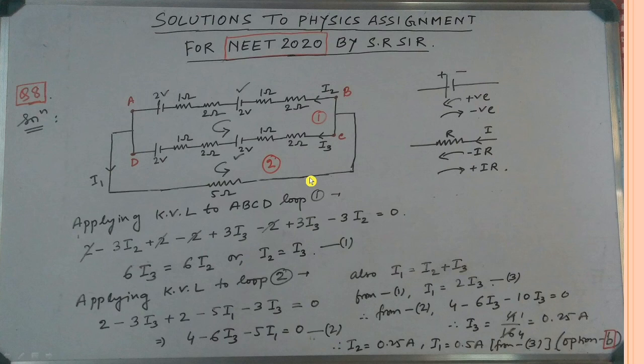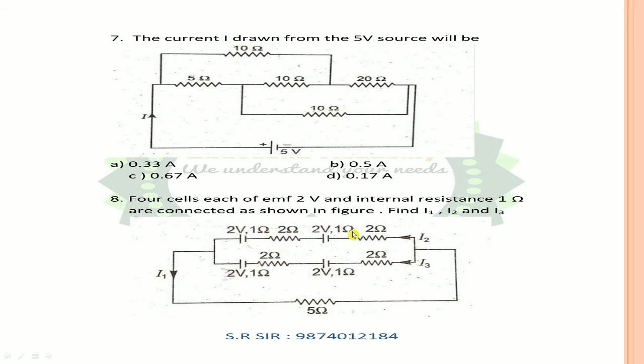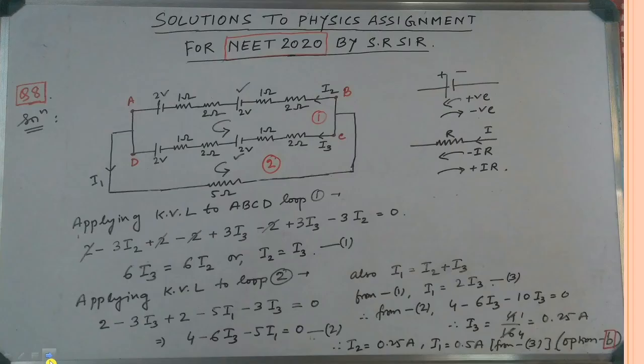The solution to sum number 8. We have the circuit given like this, where this 1 ohm, 1 ohm, 1 ohm and 1 ohm are the internal resistances of these 4 sources. So these are resistances which will come into play, and we will draw these 1 ohm resistances separately to make things easy.